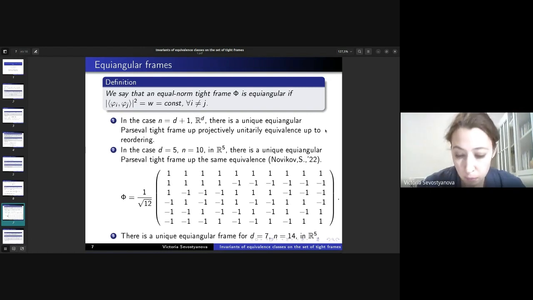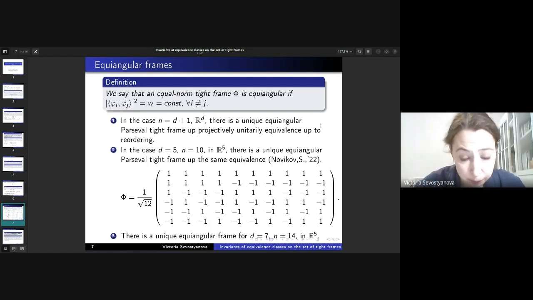Equiangular tight frames are very important in some sense because they are used by specialists in signal processing, communications, coding theory and quantum theory, and these frames appeared in discrete geometry, but today have many applications.